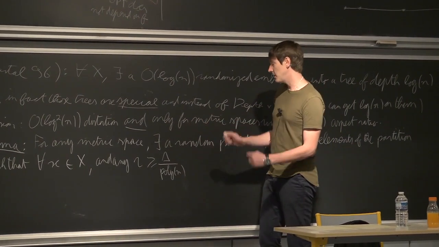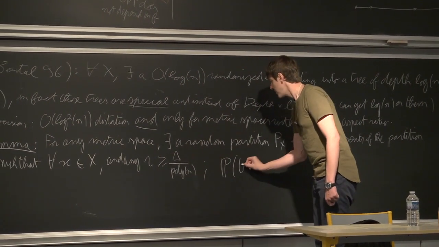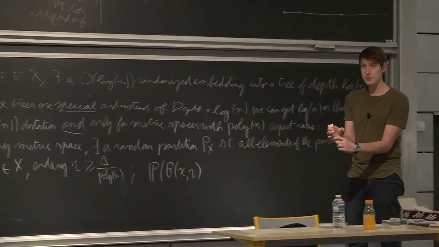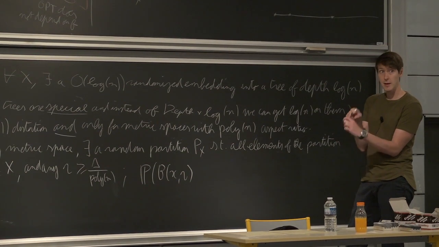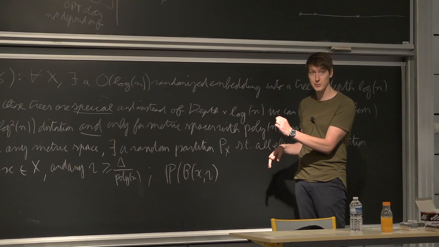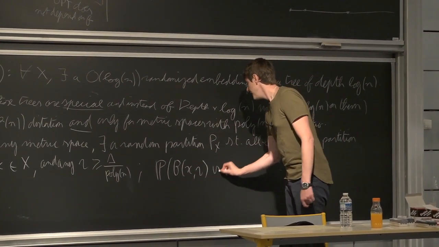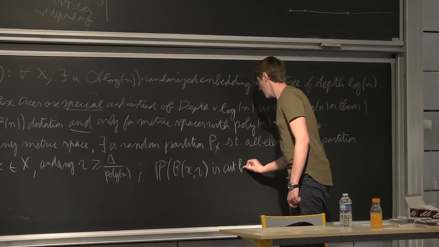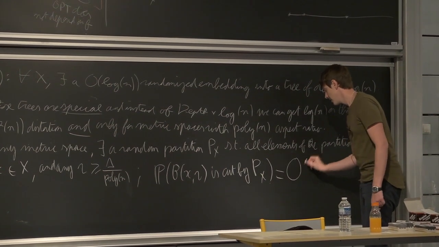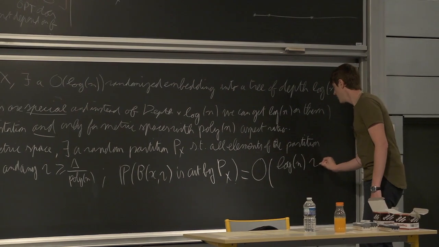So for any fixed point and any fixed scale, what happens? The probability that B(x,r), so if I look at the ball of radius r around this fixed point x, the probability that this ball is cut by the partition, that it's not included in one of the elements, is small. Okay, so the probability that B(x,r) is cut by P is of order log n times r over delta.